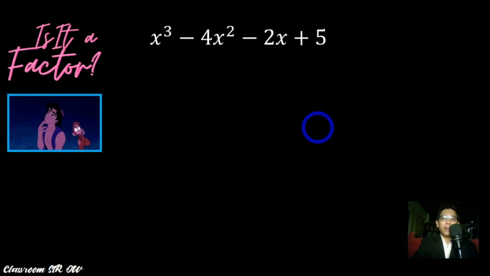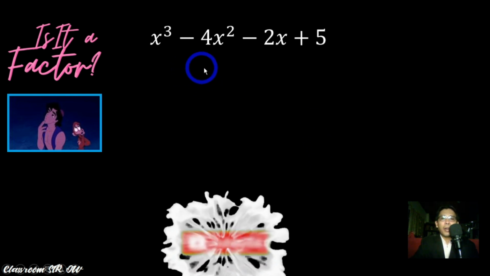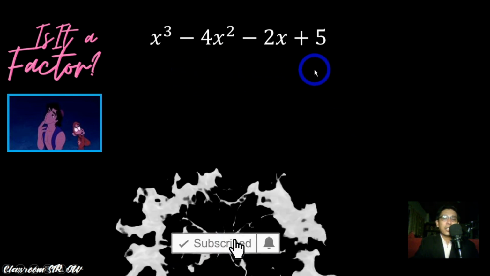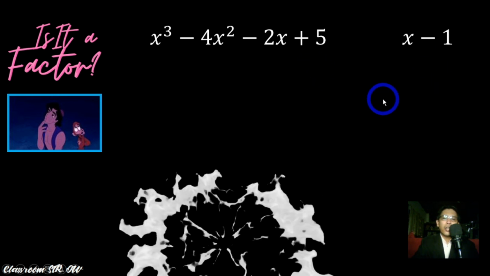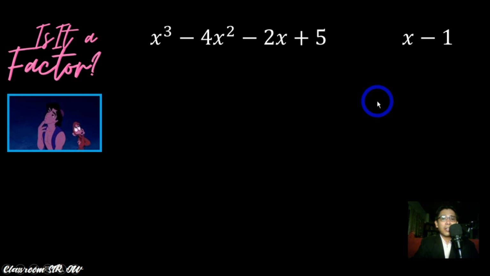We have another example. Let's say x cubed minus 4x squared minus 2x plus 5. And we have a potential factor. Now, if you notice, I did not make use of synthetic division. I made use of evaluating the function, the long process. The reason is, in synthetic division, you can only use it properly if the divisor is like x minus 1, or x plus or minus any value.